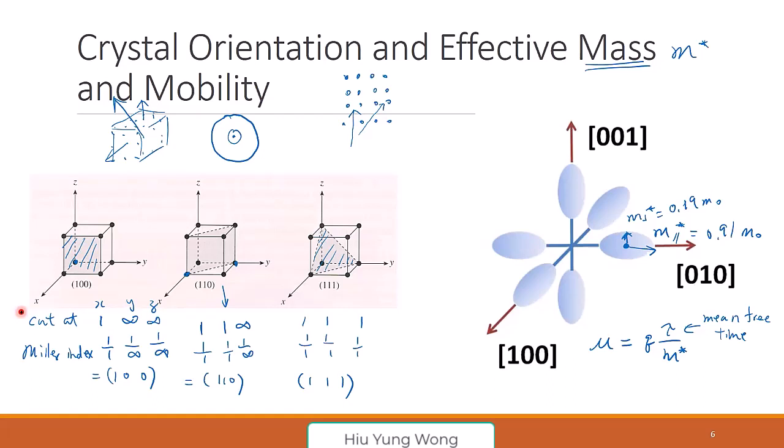Because the environment is the same, it's infinite. I just keep going. I see after every distance of A, I see one atom. It's just a repeat. So yeah, you can call this 010 in this system, but it's the same in terms of the material property. That's why we just call it 100.